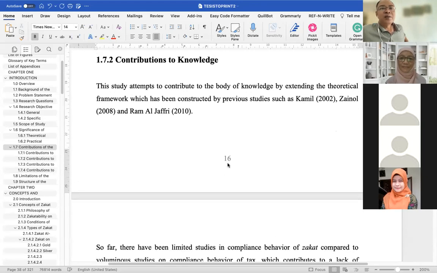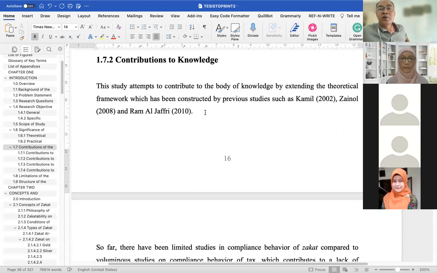How you contribute to the current state of knowledge depends on how you write. You need to state very clearly how your study contributes.